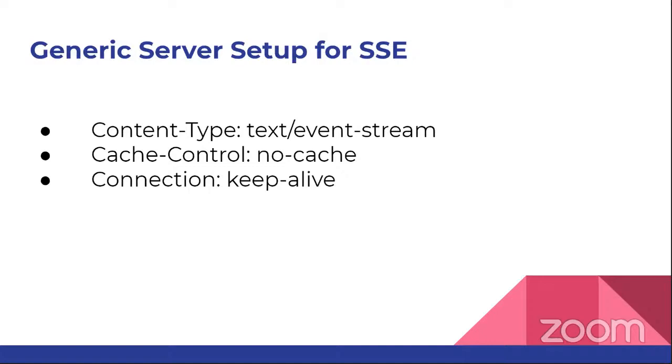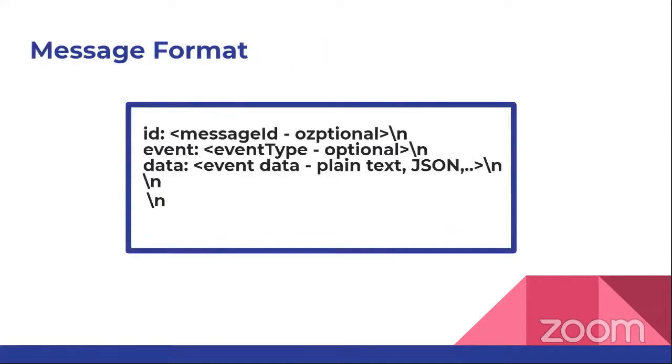And it is extremely easy to set this in Python, Node.js, or Ruby, or Go, or anything. You just need to set these in the header, and the response that is sent back has to follow this particular format. Now, if you do these two things, you can establish an SSE server. Now if you look at this message format, which is basically how the response is going to look, you see it has three parts to it: an ID, an event, and a data.